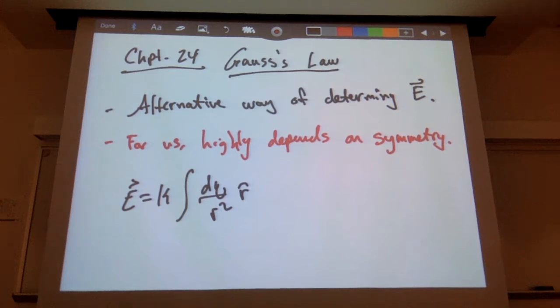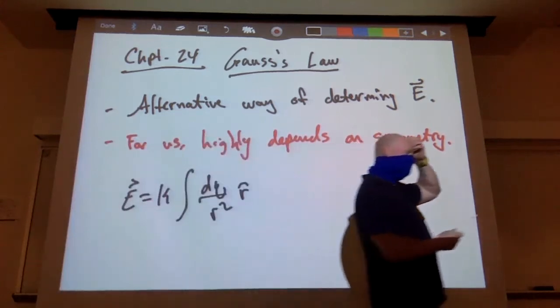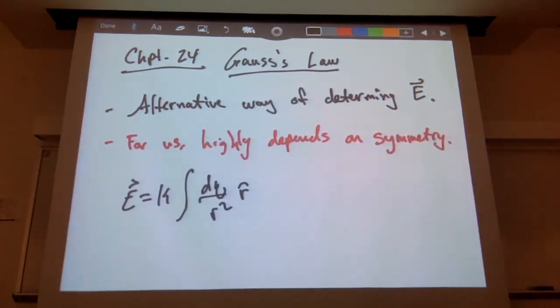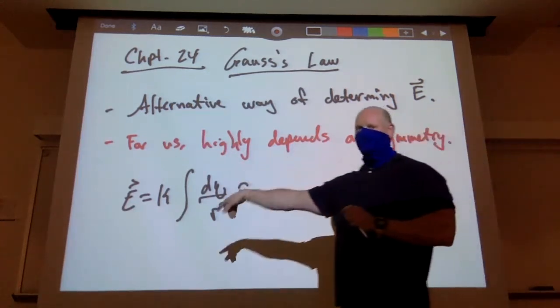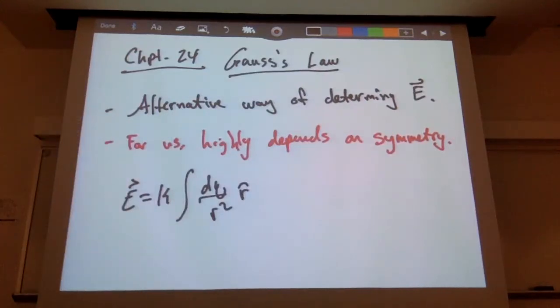It turns out that we can do this new thing, Gauss's Law, an alternative way of defining the electric field, which doesn't involve an integral. However, we'll define it in terms of an integral, but the point of doing Gauss's Law is you never ever have to do the integral.